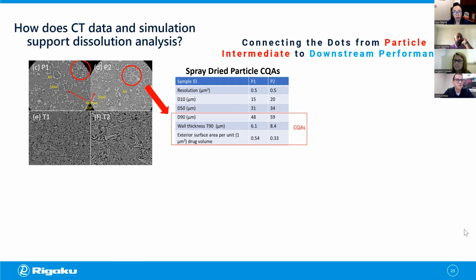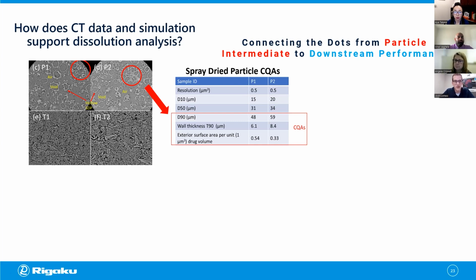So we see, for example, in P2, we have this large honeycomb structure that is revealed by the CT scan, which would have been difficult, if not impossible, to see with surface SEM or any other surface microscopy.